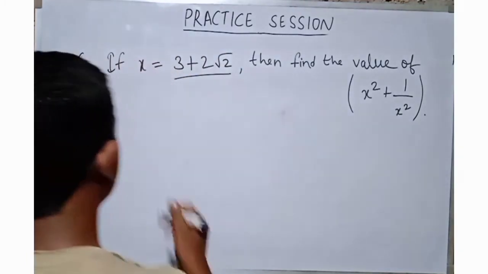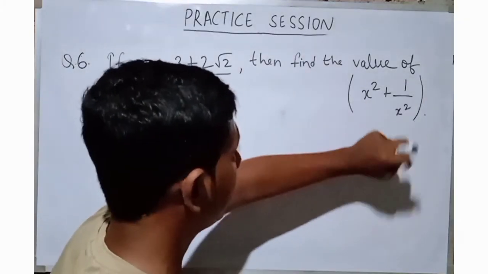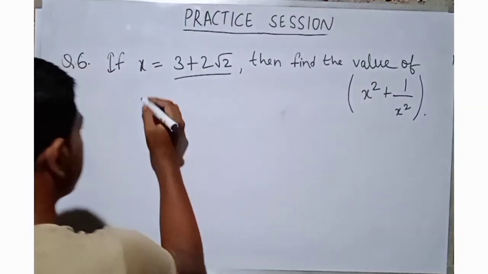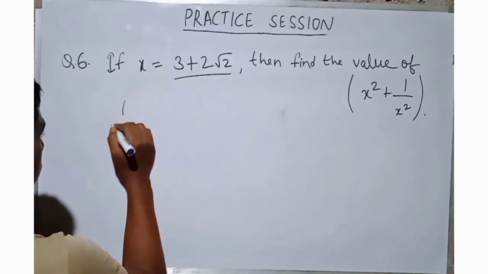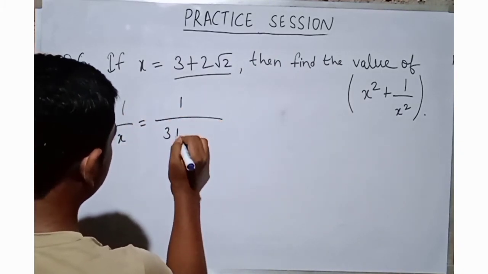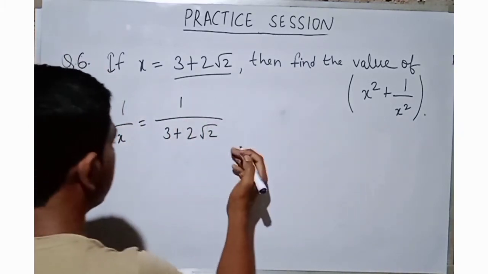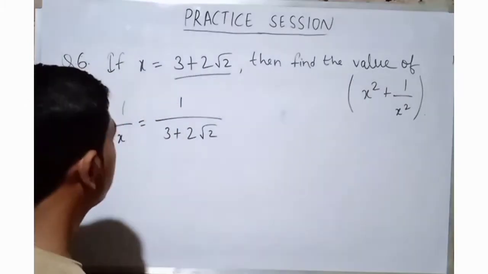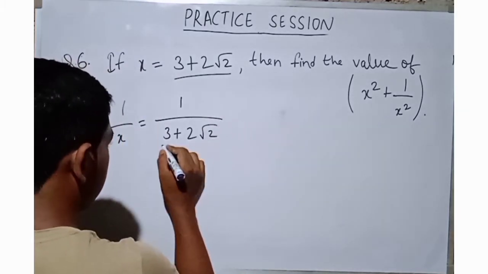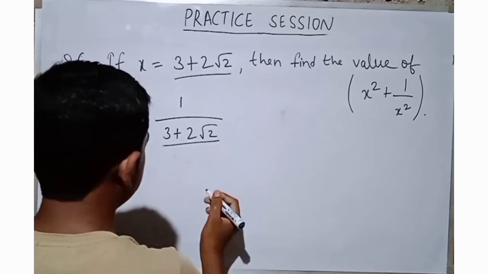Okay, so let's see. If you see 1 by x, I think we have to first take the reciprocal. So 1 by x will be 1 by 3 plus 2 root 2. The value of 1 by x will be just the reciprocal of the value of x. Since there is a root in the denominator, we have to rationalize it.